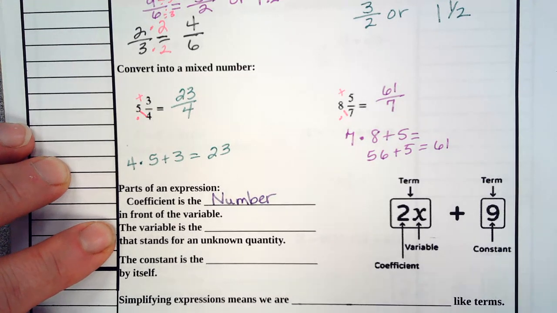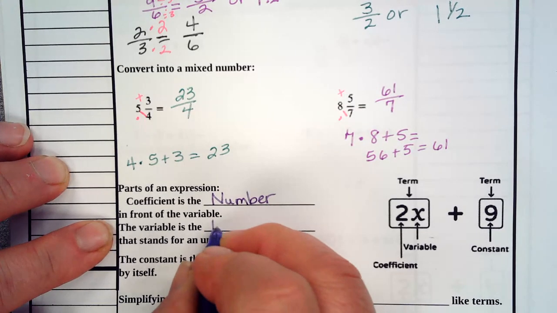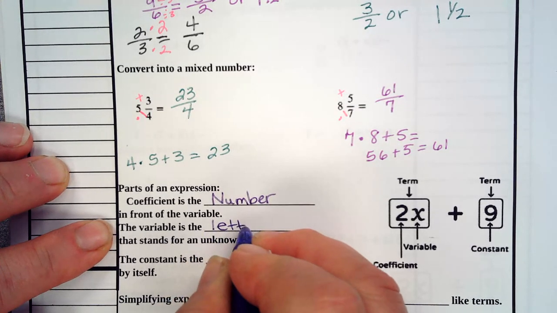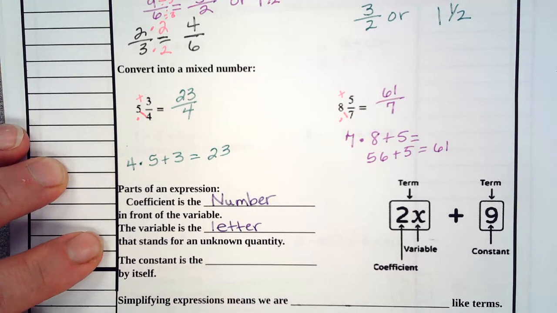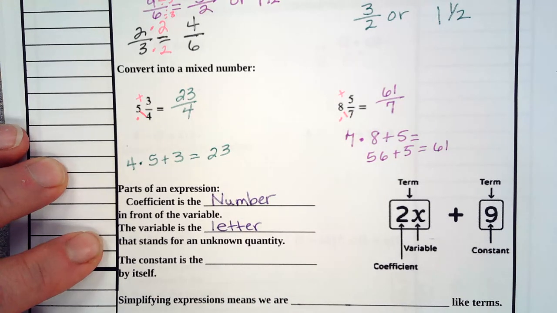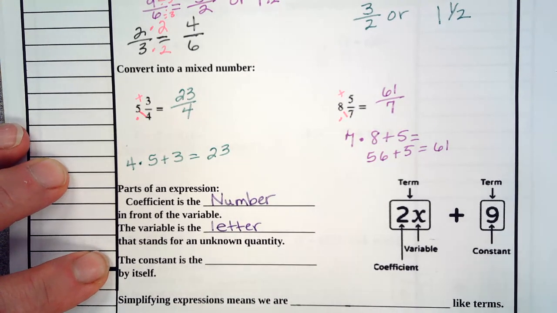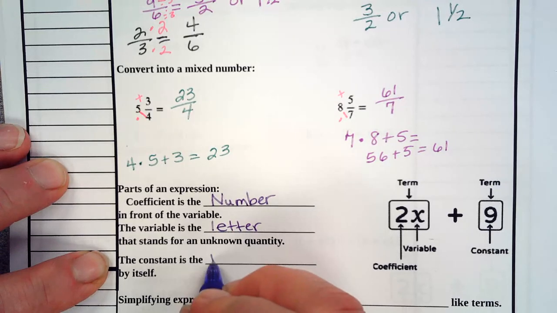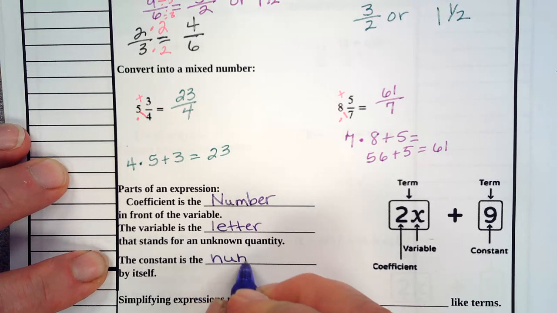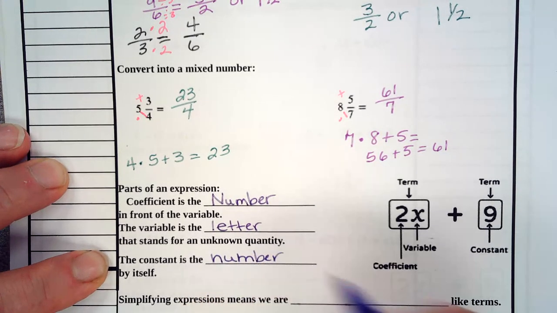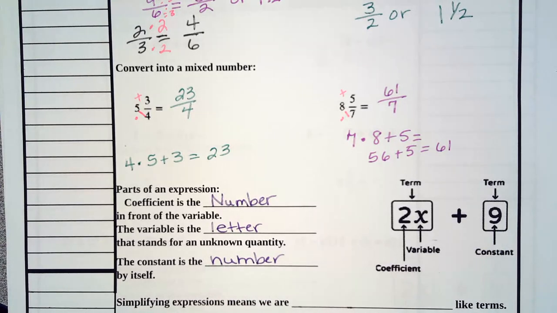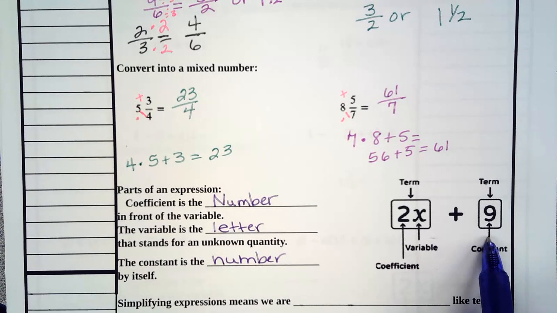The variable is the letter that stands for an unknown quantity. The constant is the number that is by itself. So, constant is that number that will be all by itself without a variable.